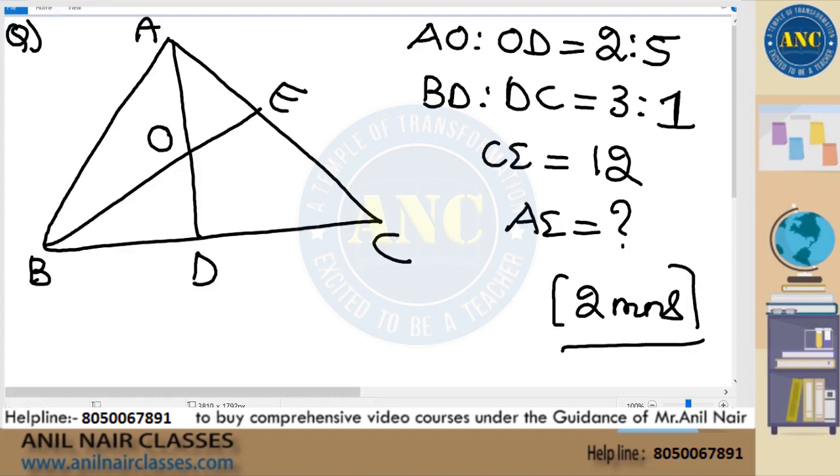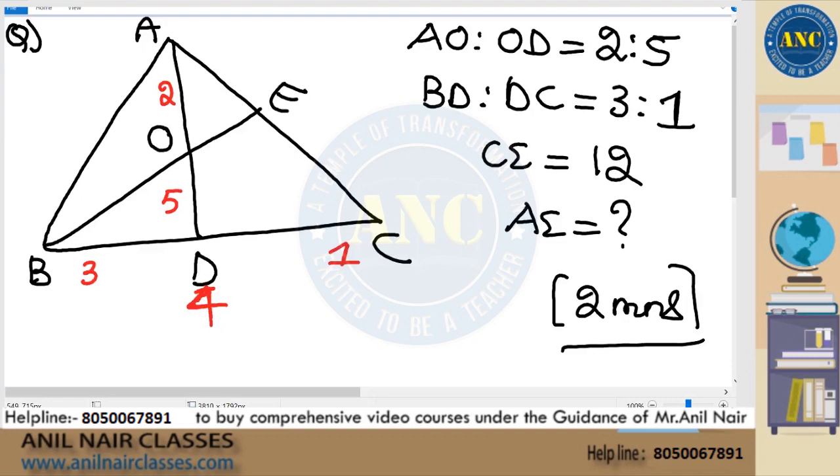Let me solve it. AO is to OD is 2 is to 5. BD is to DC is 3 is to 1. So D is nothing but a multiple of 4. If I take it as a multiple of 4, 2 multiple, 4 multiple is anyway a multiple of 2. So if I take it as 2, 4 5s are 20.